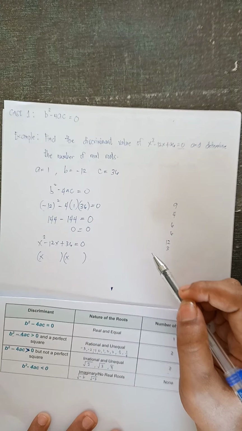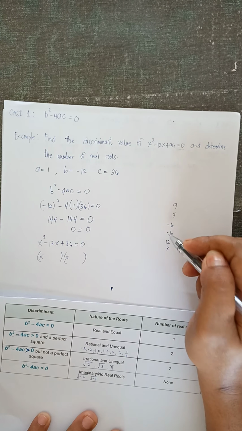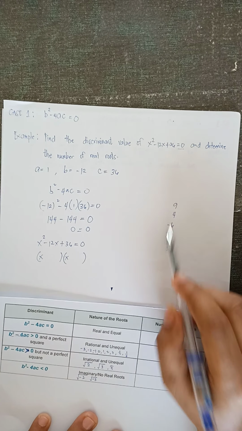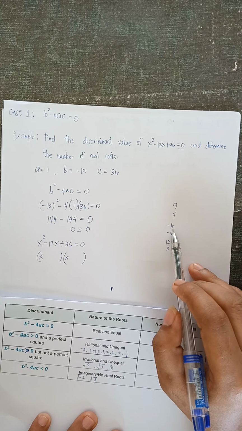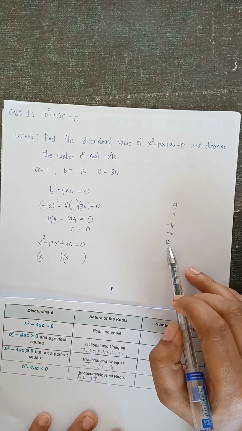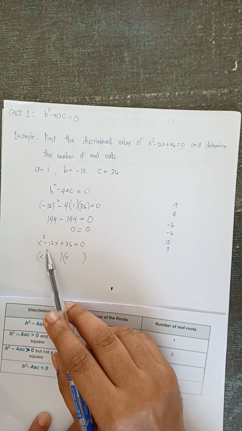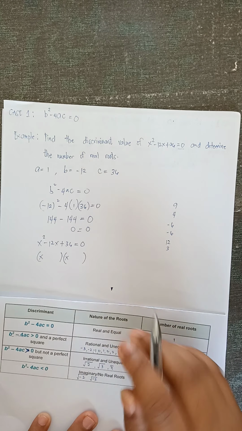So look for the factors of 36 nga kung i-add nato siya ma-equal siya og negative 12. Okay? So look for factors of 36 nga makita ninyo diri 9 and 4, 6 and 6, 12 and 3. Nga kung i-add nato silang duha ma-equal siya og negative 12.